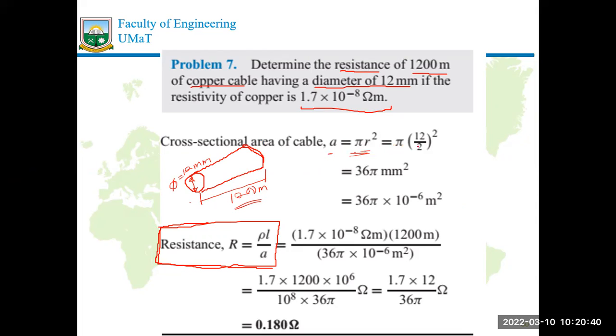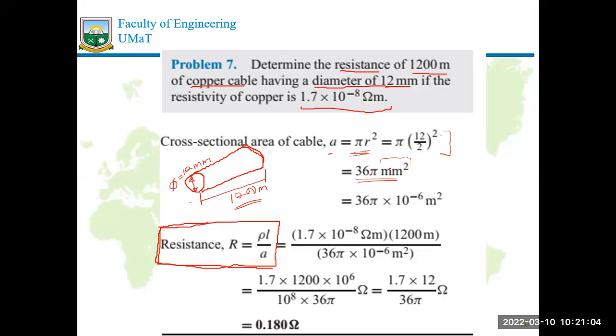Even as you do that, in the first stage, the 12 is used directly, which means the square affects our units as well at the end of the day. So we'll end up having 36 pi millimeter squared.